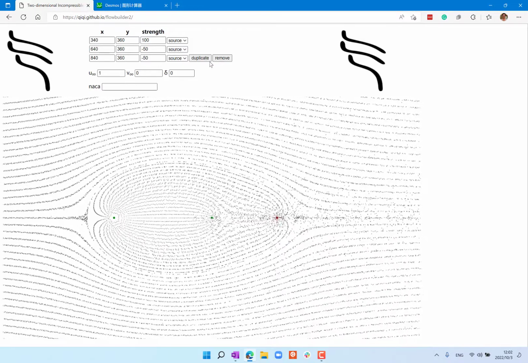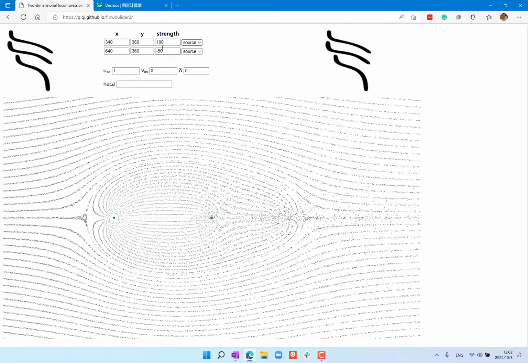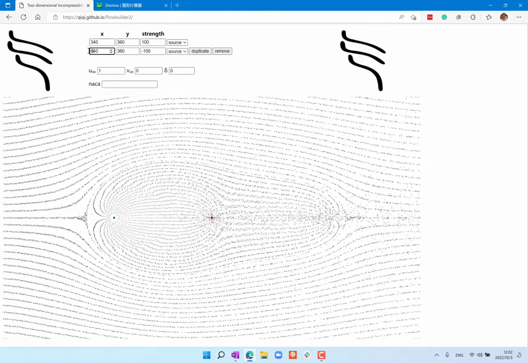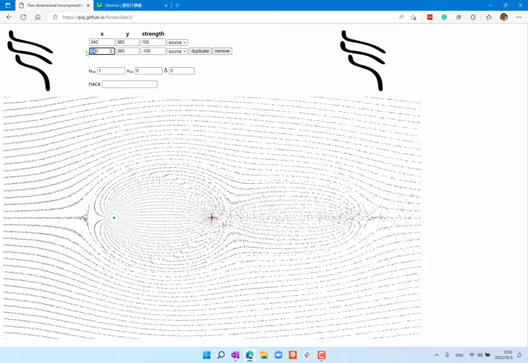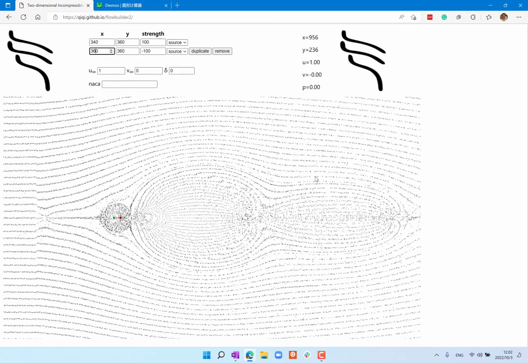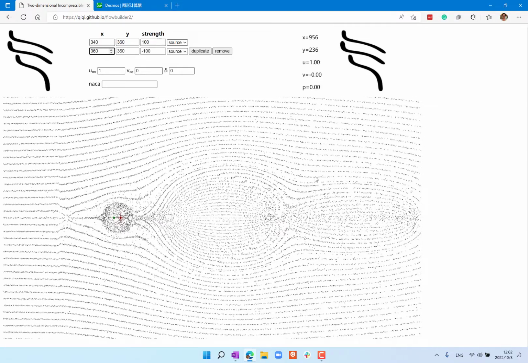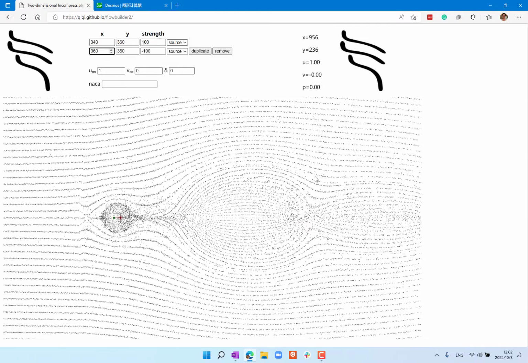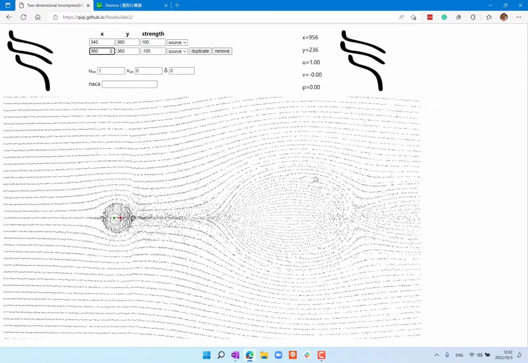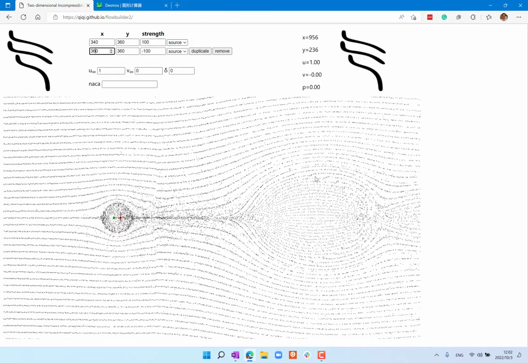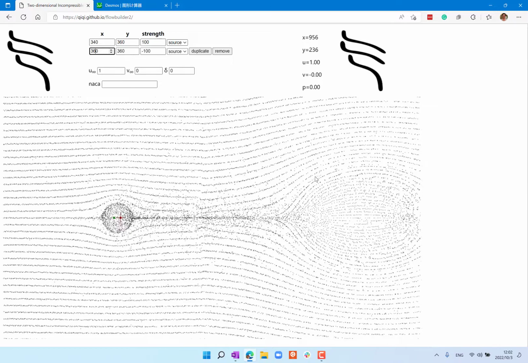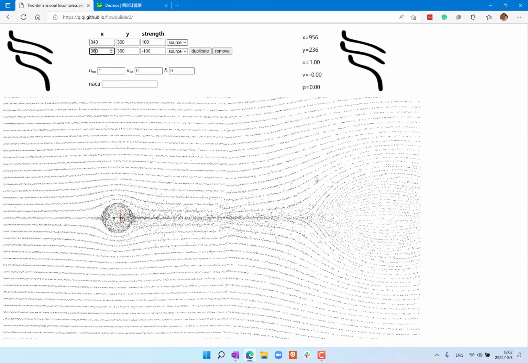Actually, one thing that's very interesting is that if you make a sink that's very close to it, so instead of further downstream, you make it a little bit downstream, you get exactly the same effect as placing two vortices up and down. It's again the flow around the circular cylinder. And this is something you can mathematically prove, similar to what you are doing in your second homework, right?